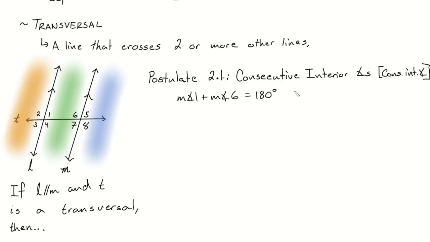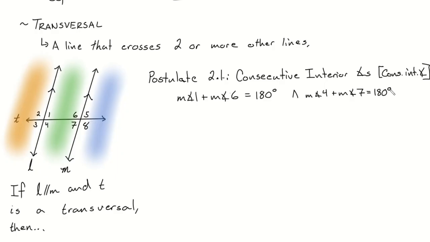Is there another pair from our picture that you guarantee adds up to 180? Now, there's more than those as well. But if we're only looking at consecutive interiors, this is the other side of it. There are 2 pairs of consecutive interior angles whose sum is 180 degrees.